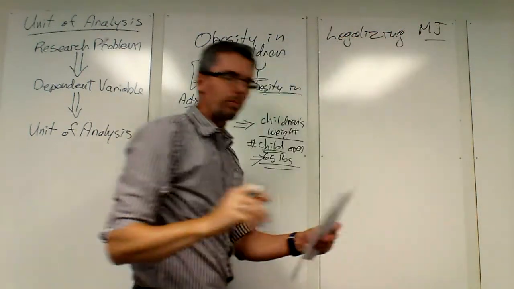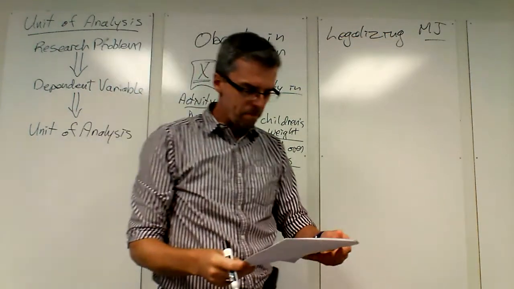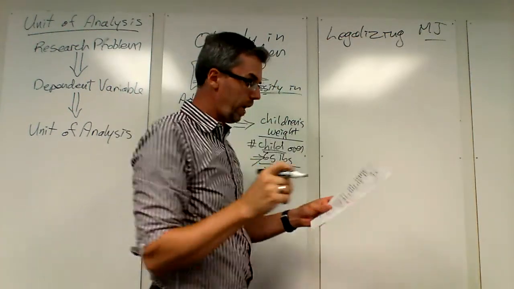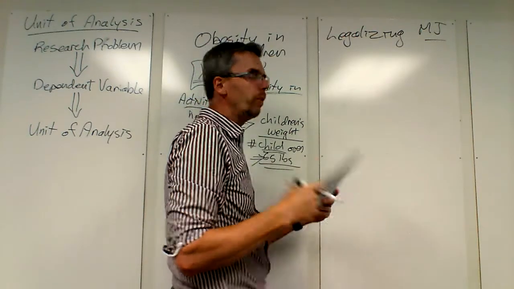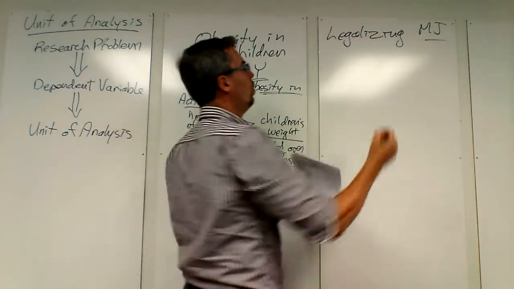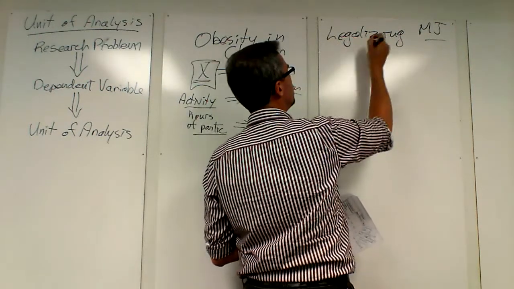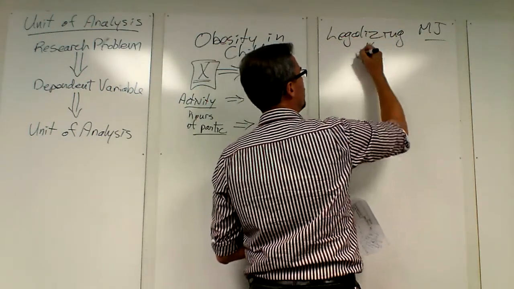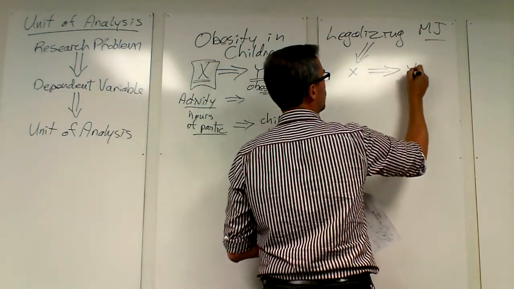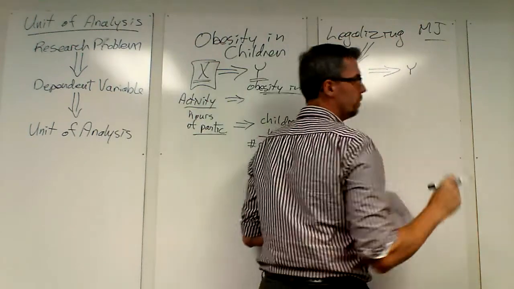Legalize MJ, marijuana. The impact of legalizing marijuana would have health benefits as a desirable outcome. So if we take legalizing marijuana as X, what does it lead to in Y? So we've got several different scenarios here.